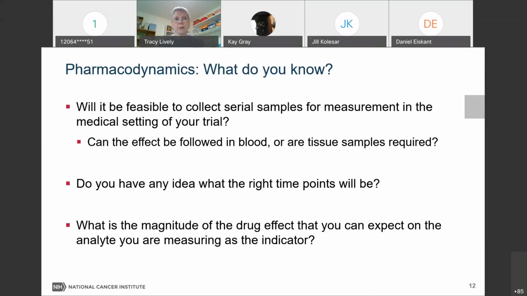If you go the pharmacodynamic route, here are some of the first questions that you can expect your pharmacodynamic laboratory collaborator to ask you. What kind of samples can you collect? What would be the right time points? How big of a drug effect can you expect on the analyte that you've chosen to measure as an indicator, which might or might not be the target of the agent?